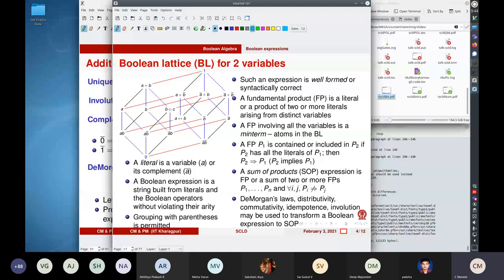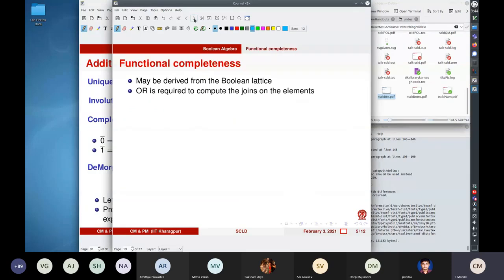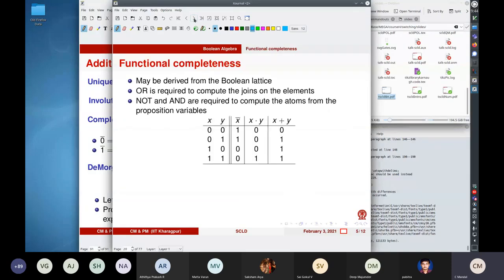That means a property is satisfied or it is not satisfied. So you can see that complement along with OR, these two are enough to represent any element in the Boolean lattice, any sum of product expression.